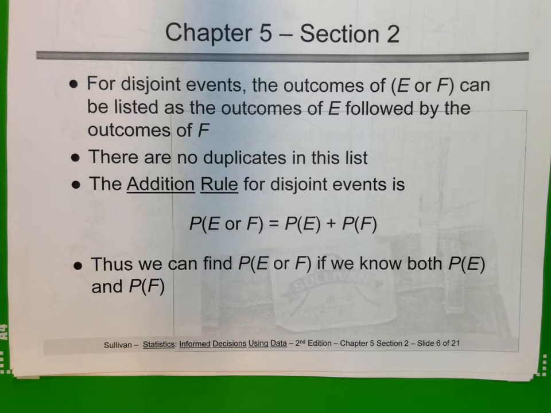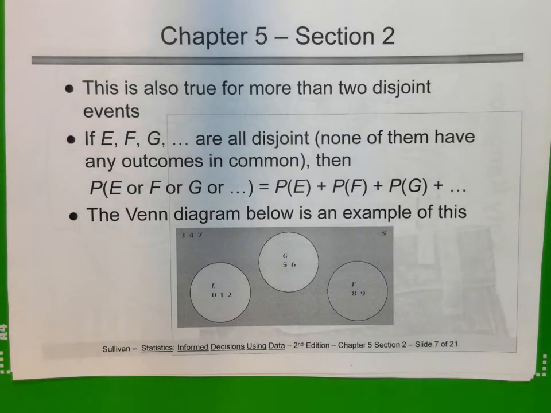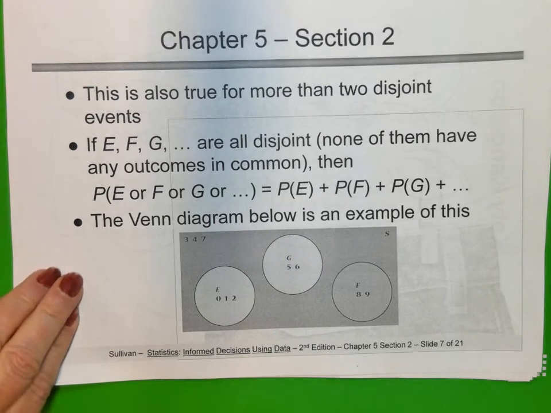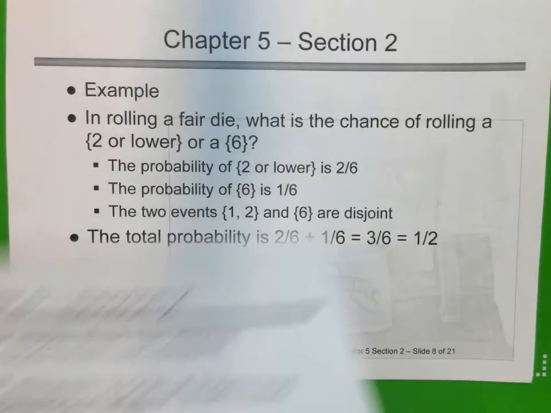The addition rule says that the probability of E or F is the probability of E plus the probability of F. So we can find the probability of E or F if we know both of those probabilities. It's also true for more than two, so E, F, and G. Just add them together. They have nothing in common, so they're not going to overlap, so we don't have to worry about that. We just add the probabilities together.